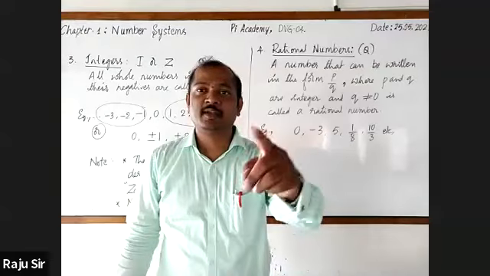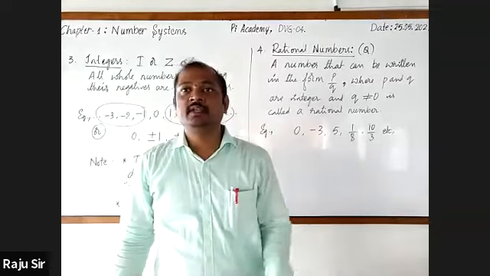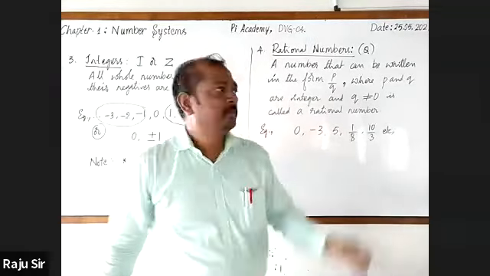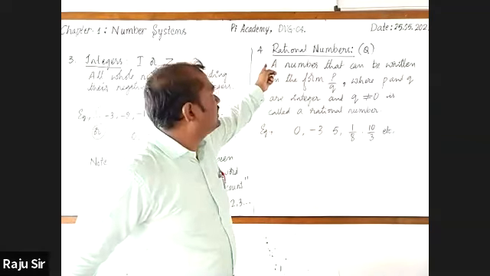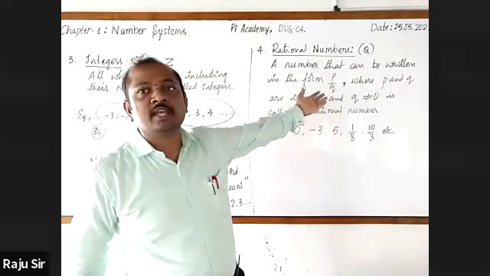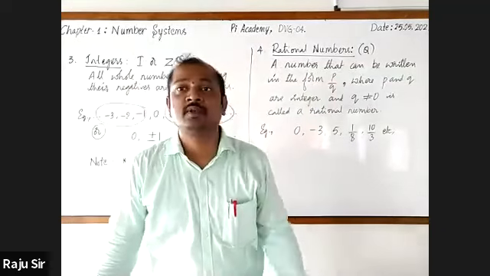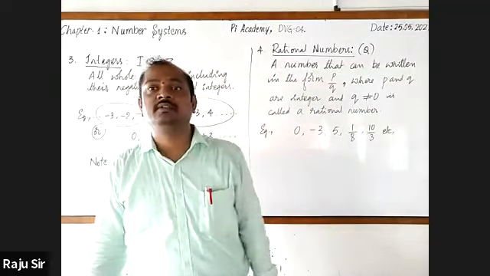For natural numbers we have used N, for whole numbers W, for integers I. But why is R not used for rational numbers? You can think now. Sir, capital R is used to denote real numbers.